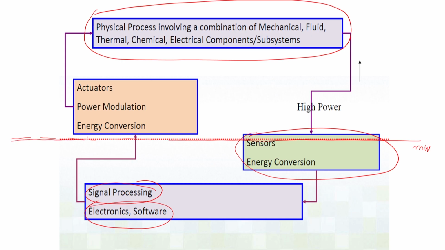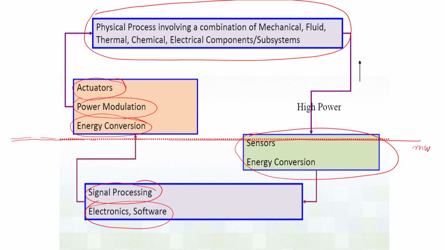So, both the sensor and the processor are in the low power domain, but whatever decision comes from this processor, if some actuator is required for some correcting activity on the physical world or to make some adaptive changes, then you have to jump up to these actuators and you have to invariably do some energy conversion, some power modulation, and then the actuator is going to work and interact with the physical world.